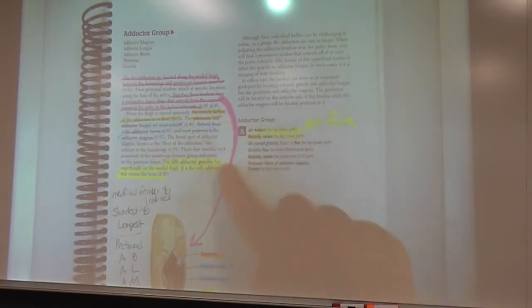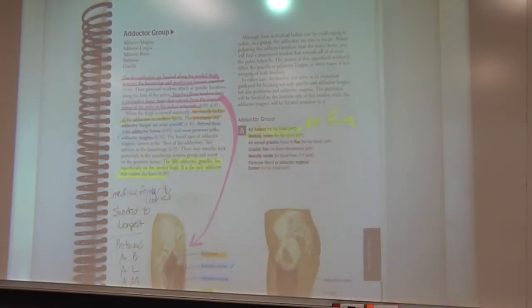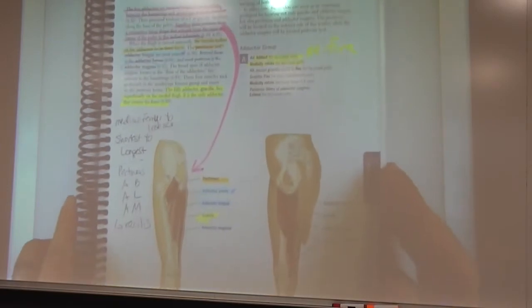I've tried to give a little color coding here. The muscle bellies of the adductors lie in three layers. So now we're going to separate them out. The first two layers are pectineus and adductor longus. These are the two most anterior.